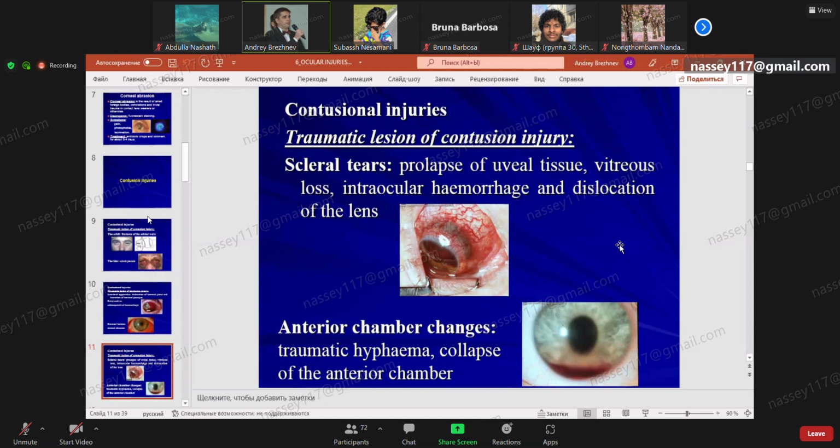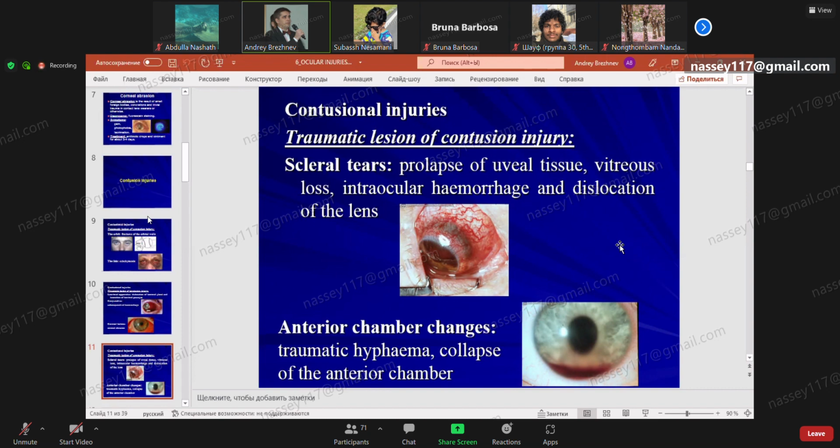In case of a small amount of blood, like here in this photo, about 1-2 millimeters on the bottom of the anterior chamber, it's enough to use only medical treatment, because you know that the exchange processes inside the eyeball have a rather high speed and there will be spontaneous resorption.